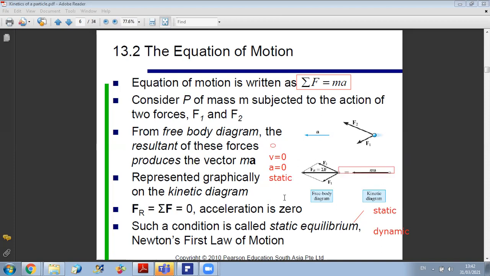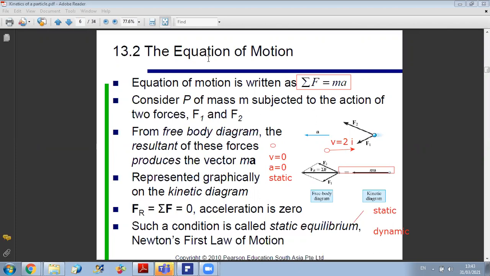On the other hand, I can have the scenario of 0 acceleration, but with a velocity. I don't have 0 velocity. So if I have a particle, for example, moving on a straight line with a constant velocity, let's say V equal to 2. Not only is the magnitude constant, the direction also should not change, because if you have a change in direction, this means that a is not 0.